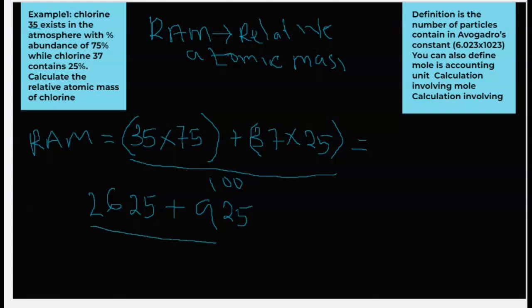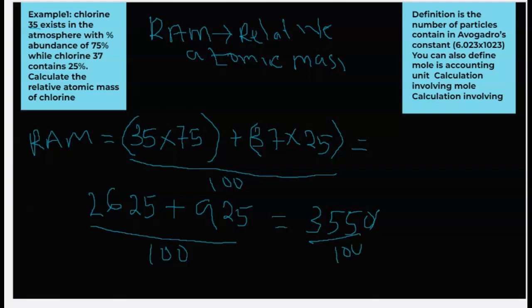Then all over 100. Don't forget this 100. Children mostly forget. When you sum up the top part, 2,625 plus 925, you will get 3,550, then you divide by 100.